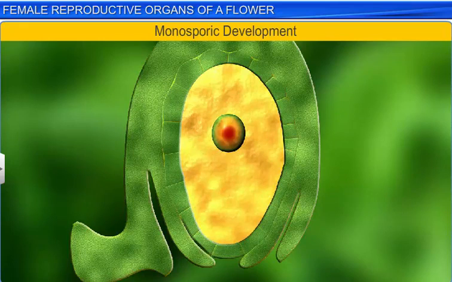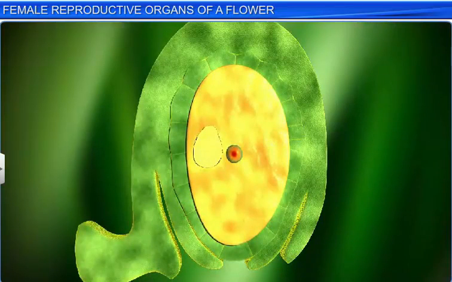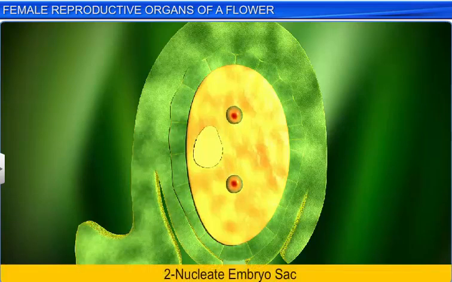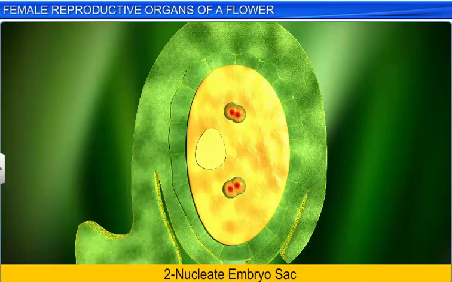This type of formation of the embryo sac from a single megaspore is known as monosporic development. While undergoing these mitotic divisions, the nucleus of the functional megaspore first divides to form 2 nuclei, which move to the 2 opposite ends of the embryo sac. This is the 2-nucleate stage of the embryo sac.